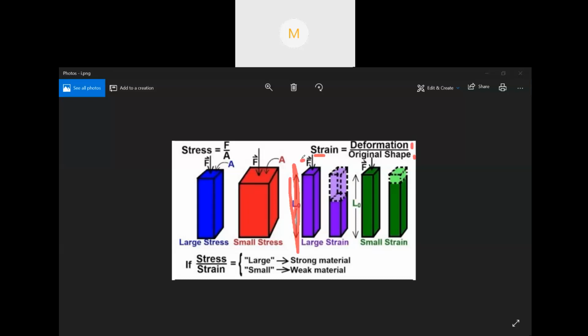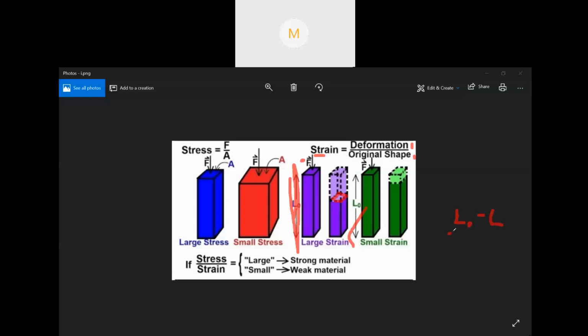The length will eventually reduce because of the application of the force. Yes or no? If the length automatically reduces, then suppose the initial length was L naught, the original length. Now after reducing, it becomes L.